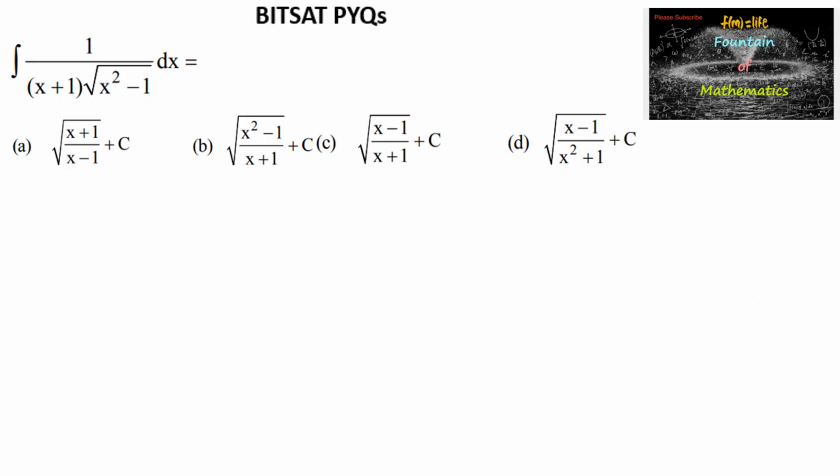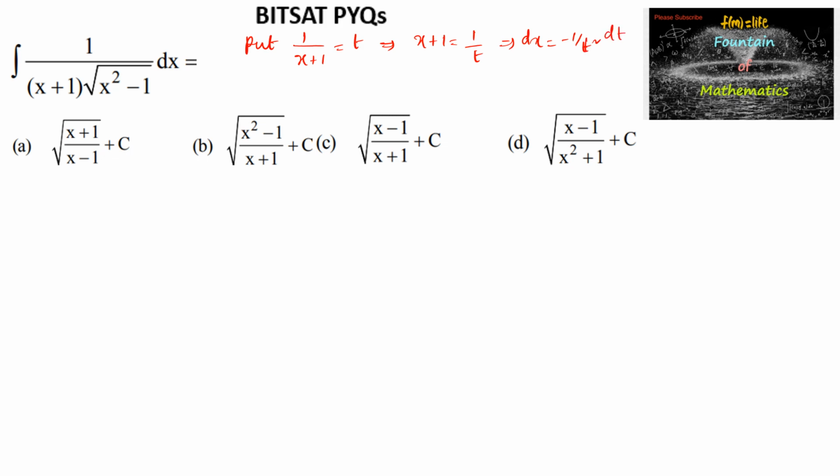Integral 1 upon (x plus 1) into root of x square minus 1 dx. So here let us substitute, put 1 upon x plus 1 is equal to t. So we can write x plus 1 is equal to 1 upon t. So on differentiating we'll get dx is equal to minus 1 by t square dt.